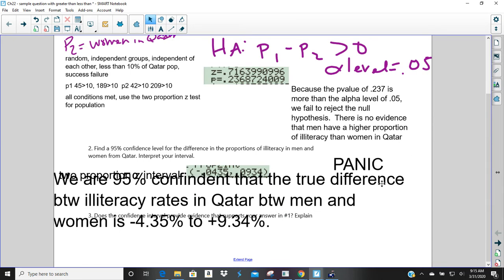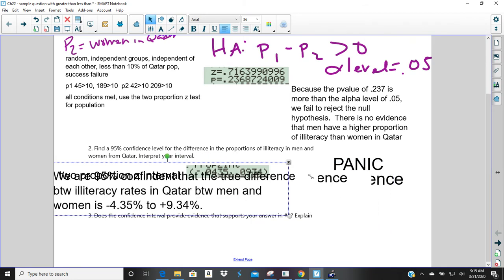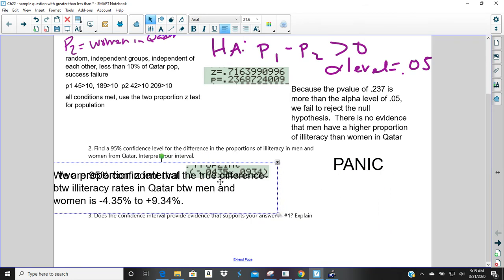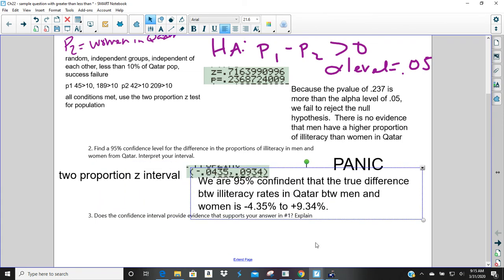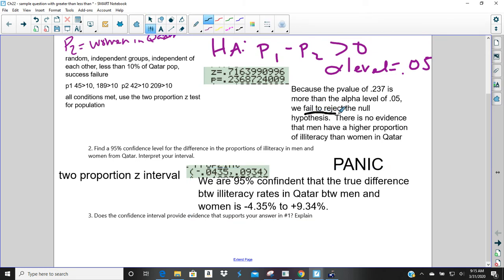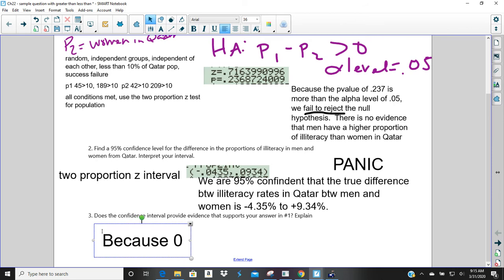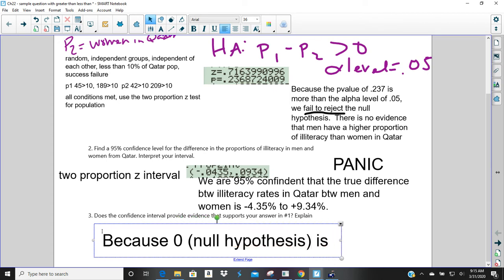So the last question I have is, does the confidence interval provide evidence to support your answer from 1? So our answer from 1 said that we were going to fail to reject the null hypothesis, right? And the reason why this confidence interval does provide evidence is because 0, which is the null hypothesis, is in the confidence interval.